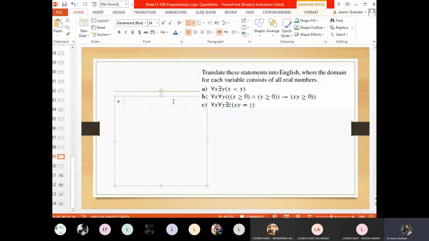So इसको हम इंग्लिश में डिफरेंट तरीकों से रिप्रेजेंट कर सकते हैं. So one way of writing this could be, for all x there exists a y.